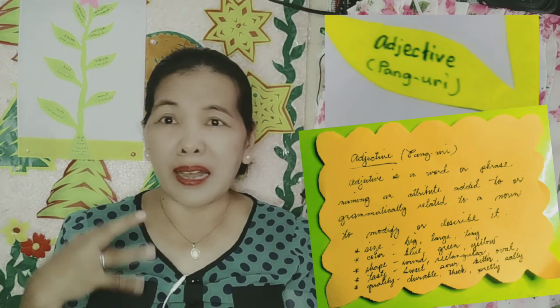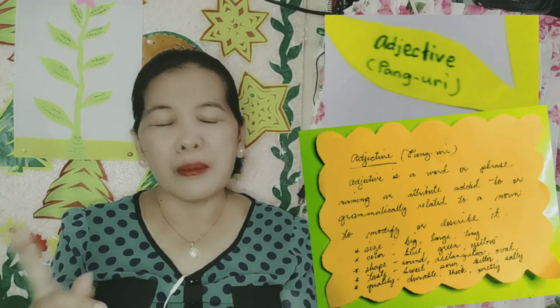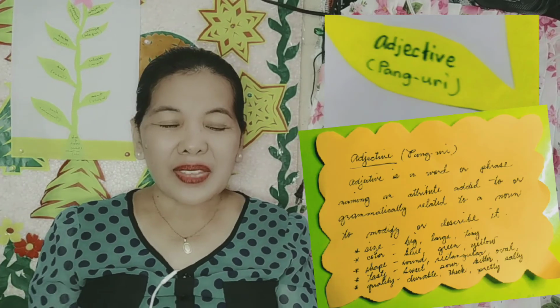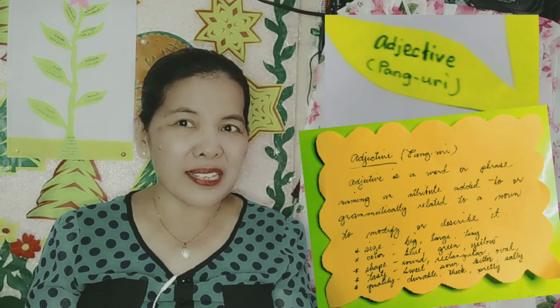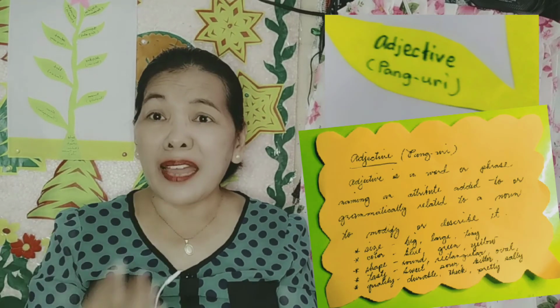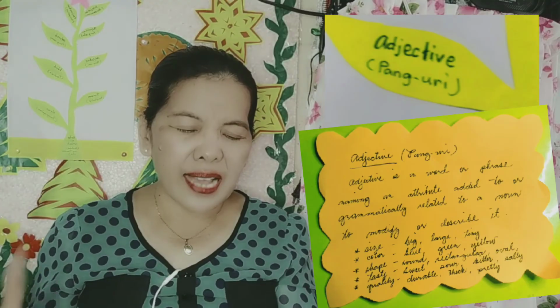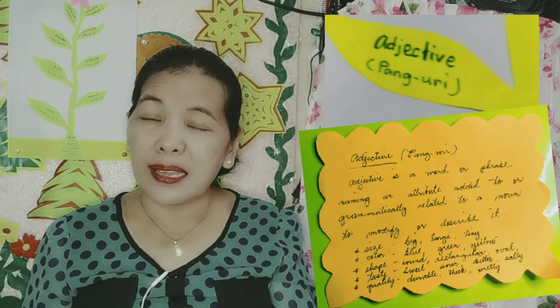Matibay ba o madali bang masira? Okay, what is the opposite of matibay? Matibay, marupok, right? So, magaling, ayan, magaling ba siya? So, adjectives can be a negative or positive. So we have the size again, the color, shape, taste, quantity, quality.